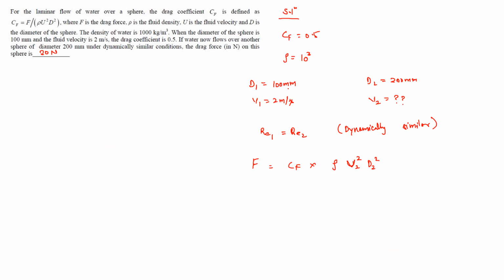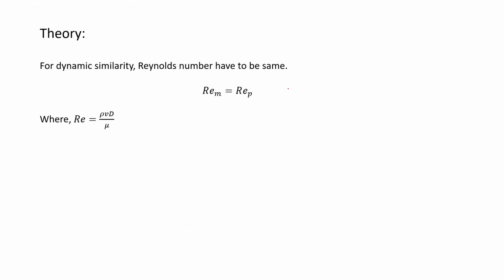So you can go into deeper theory of what is a model and what is a prototype. The basic idea is, let's say you have a model of a ship, but you cannot do an experiment on a full big ship, right? Or instead of a ship, take the wing of a plane.